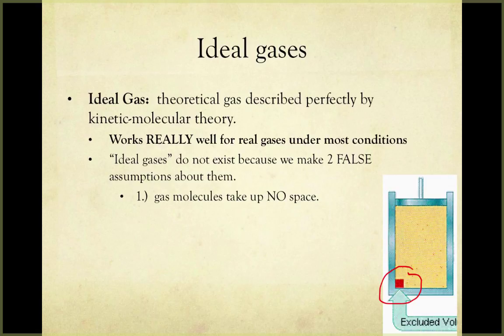Down here in the bottom corner of this picture, you see essentially the combined volume of all the particles themselves. Notice that the red square representing the combined volume of the actual particles is relatively small compared to the orange volume of the entire gas. Therefore, we say that the volume of the particles themselves is negligible. We say they take up no space.